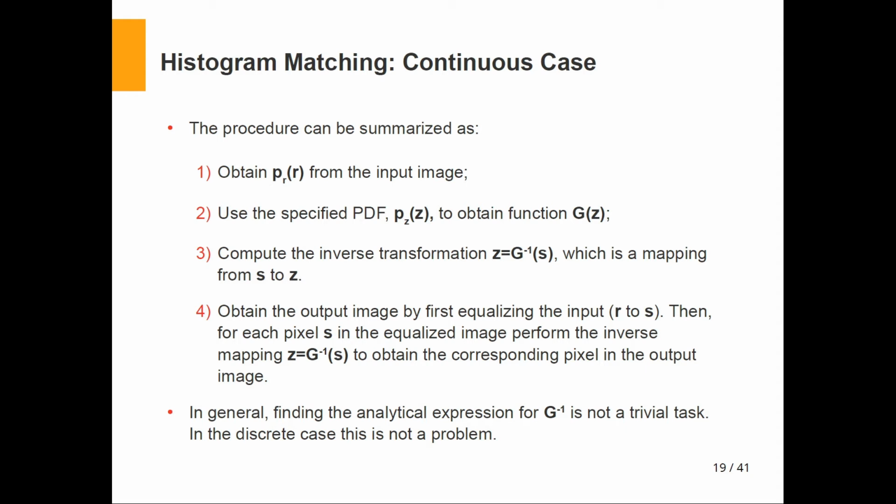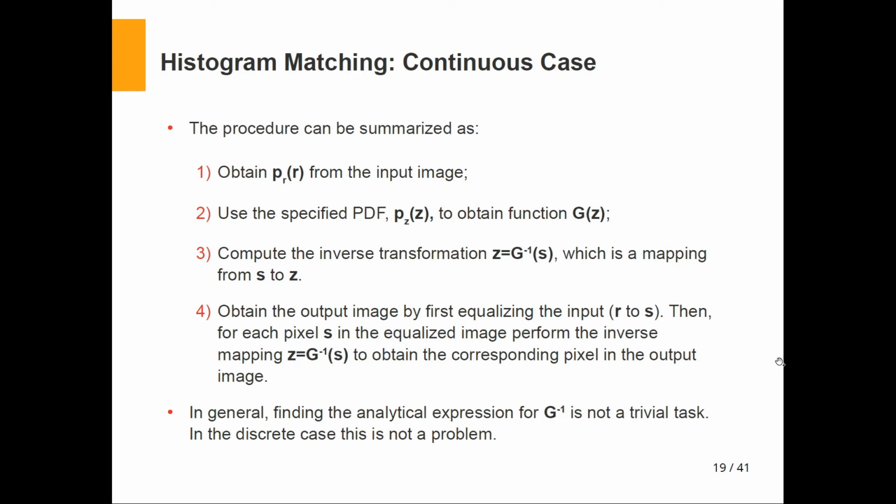Now in the third step we compute the inverse transformation Z equals G inverse of S, which is a mapping from S to Z. And finally we obtain the output image by first equalizing the input. Then for each pixel S in the equalized image we perform the inverse mapping to obtain the corresponding pixel in the output image.